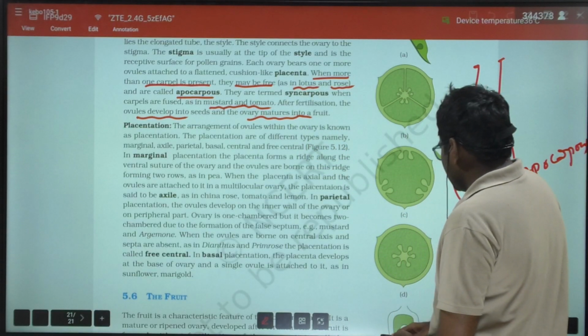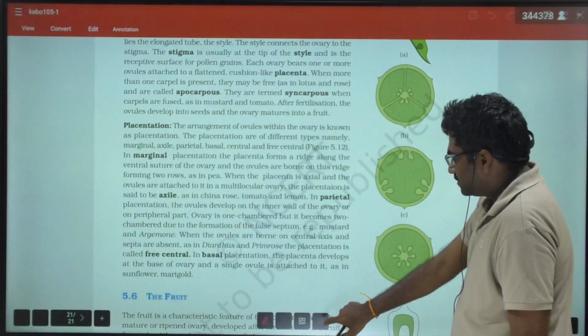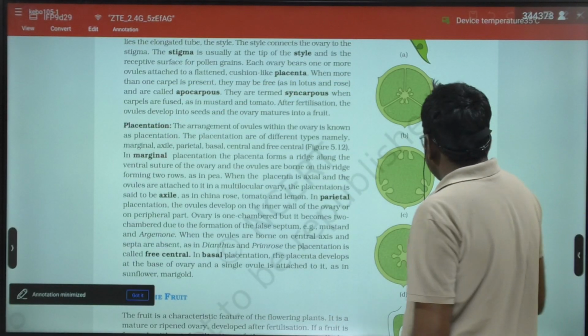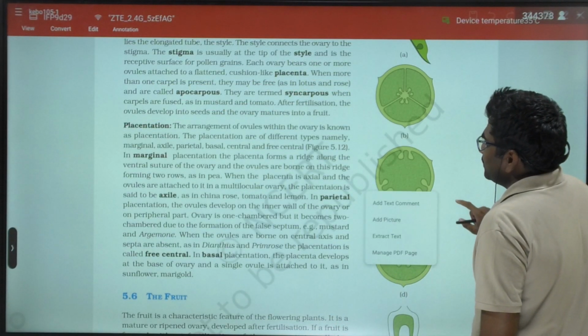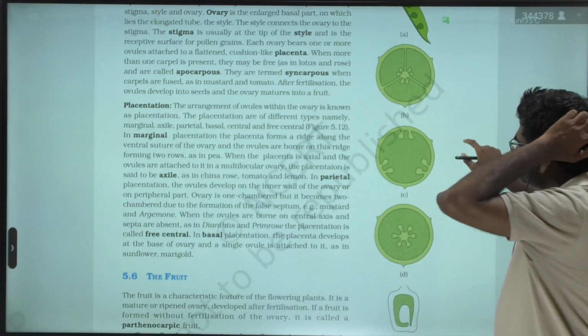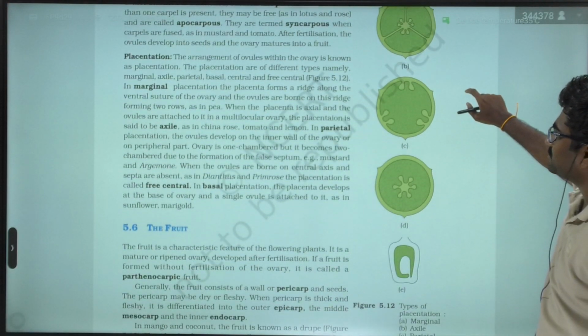The important topic here is placentation. The arrangement of ovules within the ovary is known as placentation.